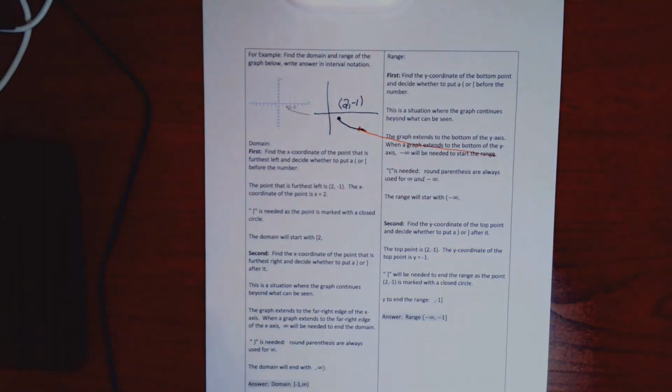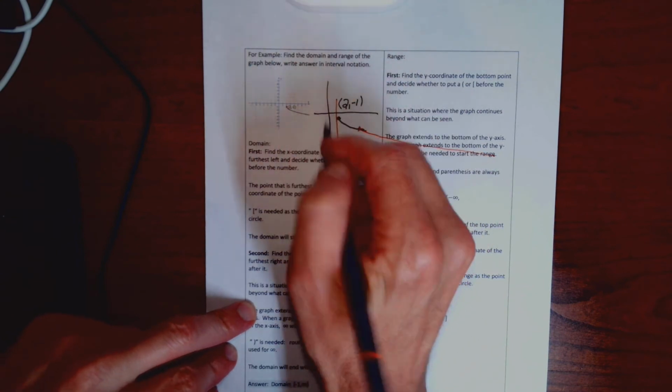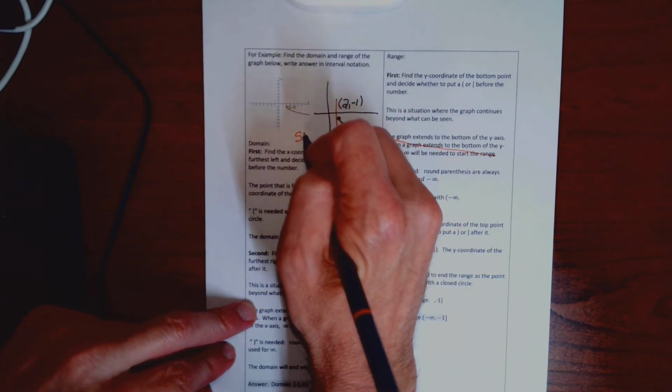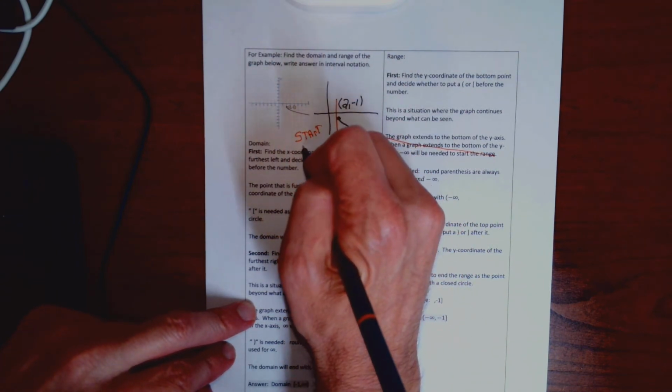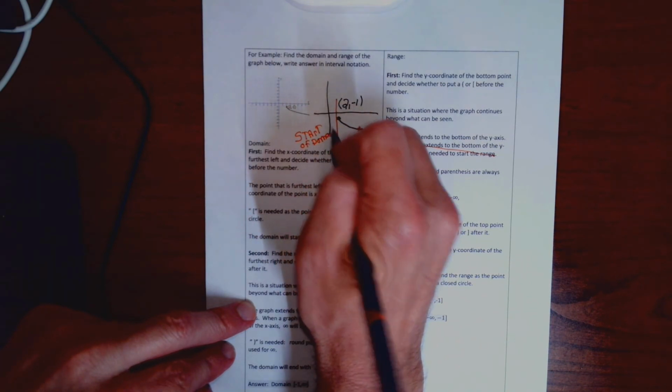So when I go to find the domain of this graph, I couldn't box it in. There isn't really a physical right edge. There's absolutely a physical left edge. This right here is going to be my start for my domain. It's the very left edge of the graph. But it doesn't have a hard right edge.